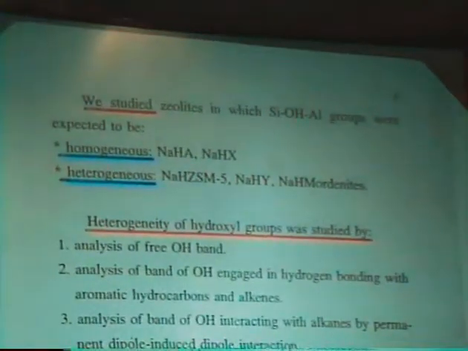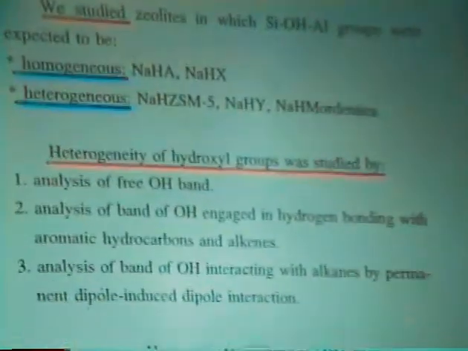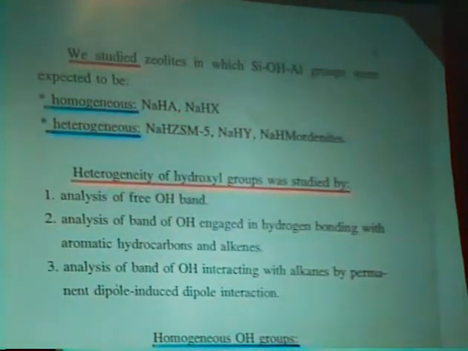We studied both zeolites in which bridging hydroxyls were expected to be homogeneous, like NaHA, NaHX, and zeolites in which hydroxyl groups were expected to be heterogeneous, NaHZSM-5, NaHY. Now we are studying NaH mordenites.